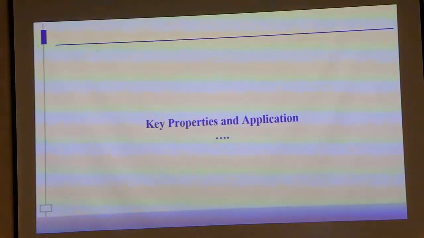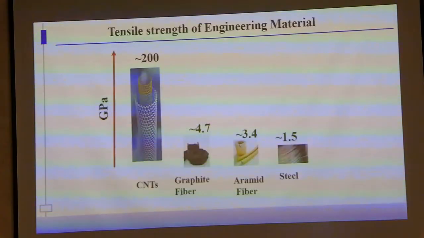Some very unique properties of these 2D materials. I cannot explain all of them, but a few of them are very, very unique. First, tensile strength. If you see the tensile strength of these carbon materials, and here I'm talking about pure material without any defect, because if there is a defect, then the mechanical property will be weak.